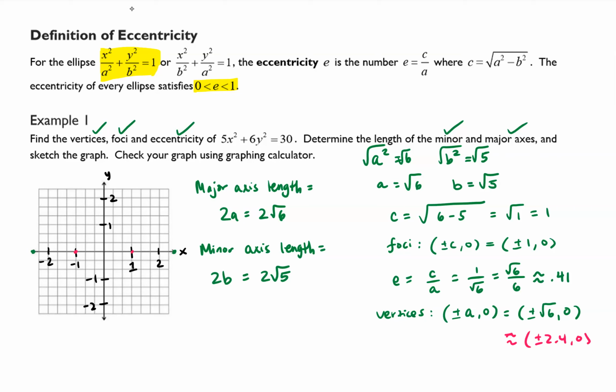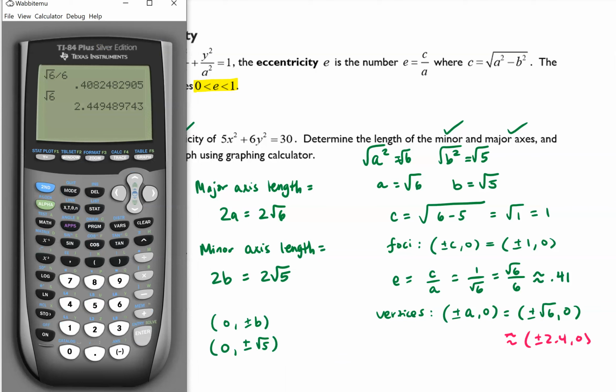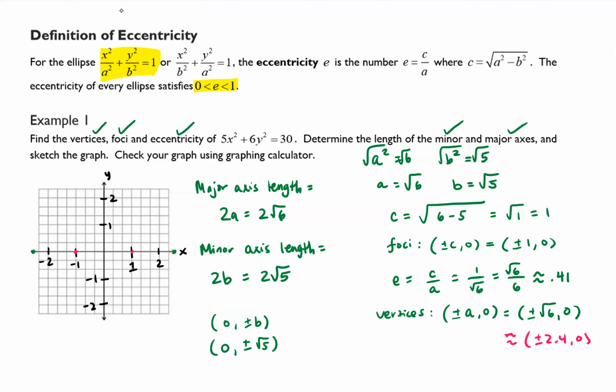And then we also know that there are going to be points at 0 plus or minus b, which is 0 plus or minus the square root of 5. So that's 2.2.